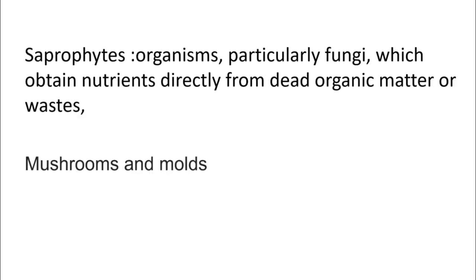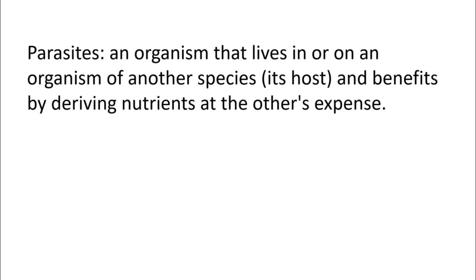And saprophytes are organisms which obtain nutrients from the dead organic matter. I repeat, dead organic matter. And then parasites. These are organisms that live inside or on another organism and take all the nutrients required while the host organism is still living.